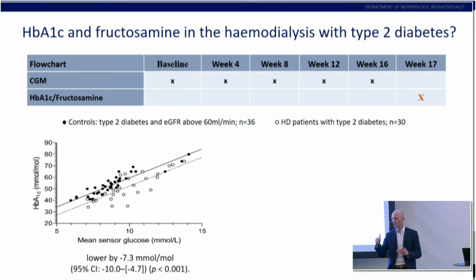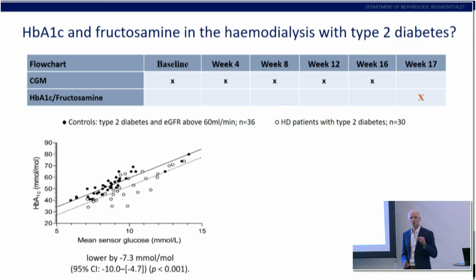I mean, if they are just underestimated by 7, but there is also a variation here. Some of them are underestimated quite a bit more, which I think is more clinically significant. And I don't know which patient is close to normal and which is severely underestimated. So that is a problem in terms of glycemic monitoring in this group of patients.